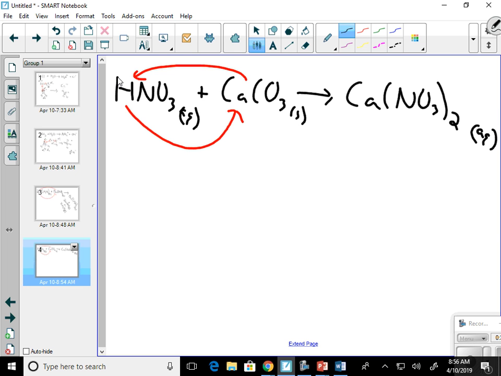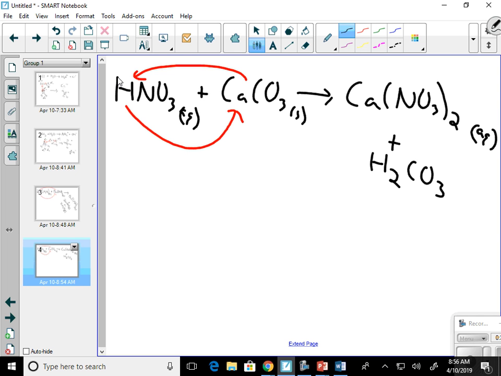Now here's where this one is a little bit trickier. That means hydrogen needs to pair up with the carbonate. Hydrogen +1, carbonate -2. So originally, I would say to myself that the other product would be H2CO3. However, that H2CO3 almost decomposes on its own. This is an acid-base reaction. Besides an ionic compound, what is always made in an acid-base or neutralization reaction?